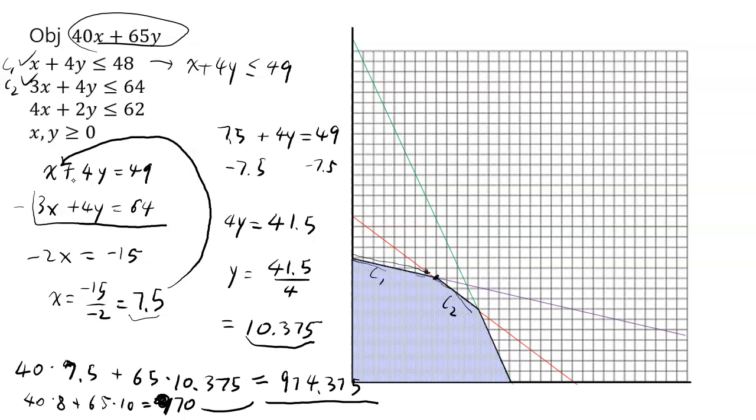If you do 974.375 subtract 970, you get 4.375. Okay, what does that mean? That means that if you increase the C1, if you get an extra C1 ingredient from some other vendor, then you're going to have an additional profit of 4.375.